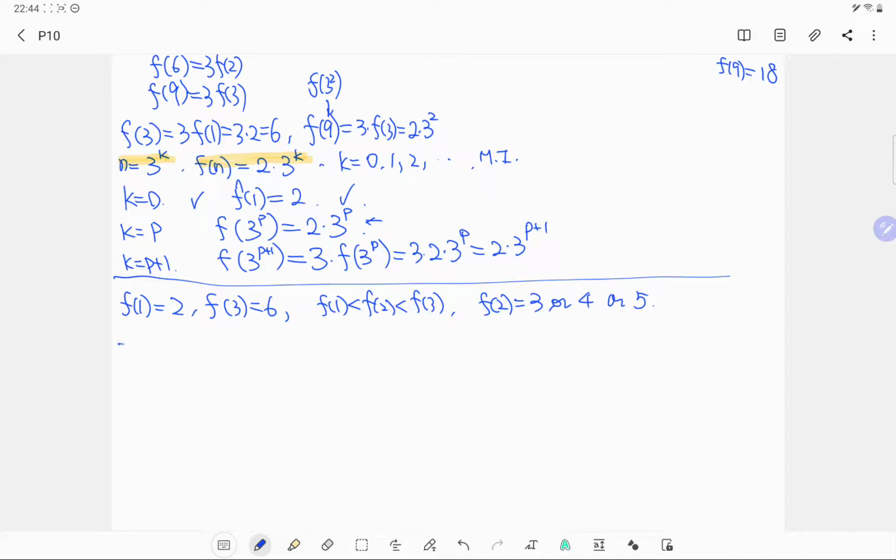So now if f of 2 is larger or equal to 4, which means that f of 2 should be larger or equal to f of 4, because f is strictly increasing. In this case, f of 4 should be larger than f of 3. Still, f is strictly increasing. So f of 3 is 6.